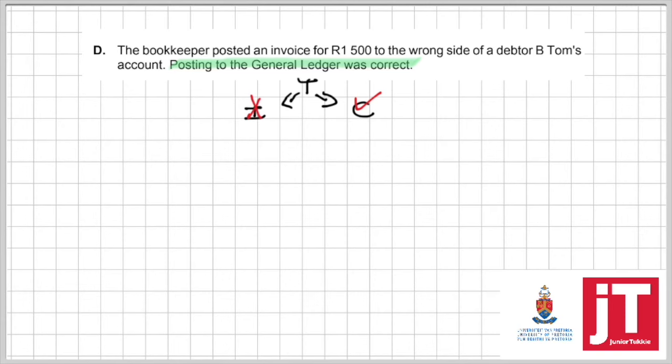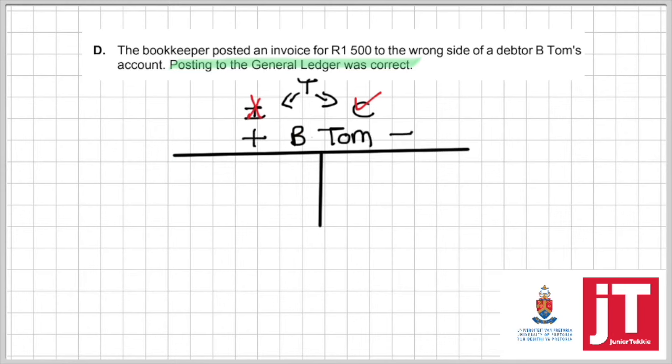So now you need to remember, an invoice means that this individual, Tom, owes us more money. But we posted it to the wrong side, which means that we've incorrectly posted it on the credit side, 1,500. So we said he owes us 1,500 less, instead of showing that he actually bought on credit from us.